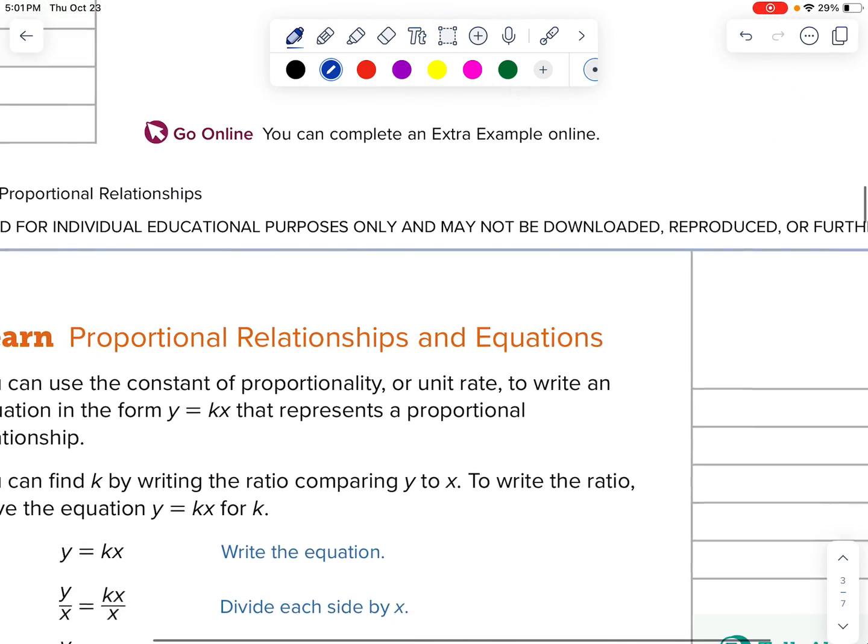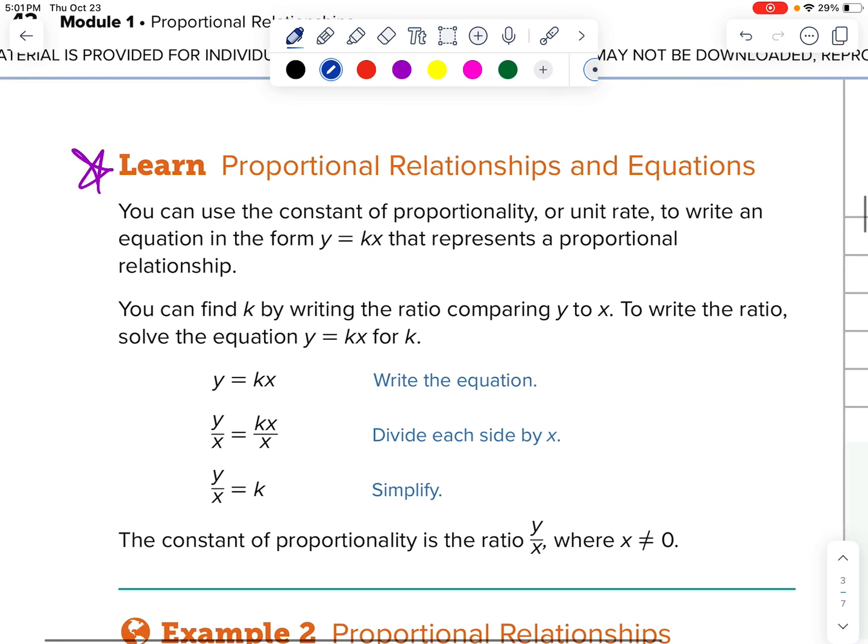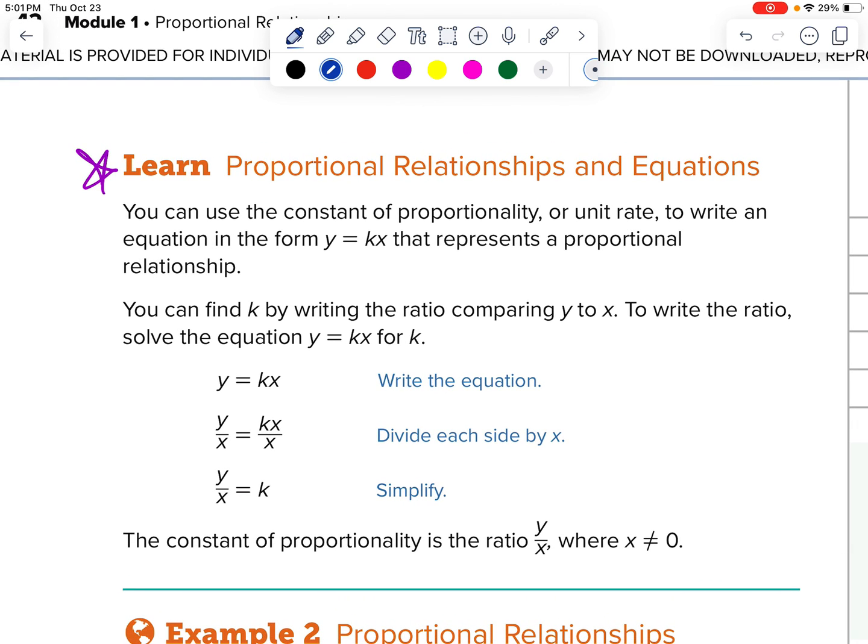Okay, go ahead and go to the next page, and let's take a look at how we came up with these equations. So when I know this is the equation I want, this is the equation that I have been telling you many times. We've been saying k equals y over x. So the question is, how do we get from here to here?